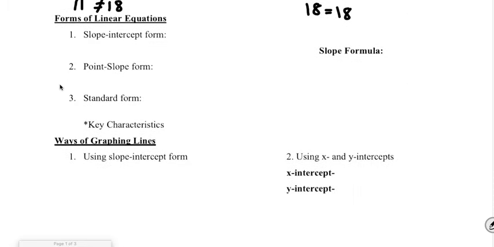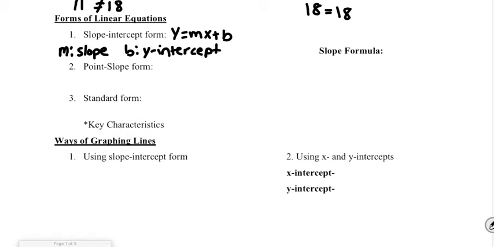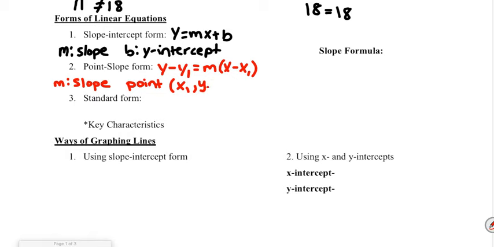First one is slope-intercept form. y equals mx plus b, where m is your slope and b is your y-intercept. Point slope form, y minus y sub 1 equals m times x minus x sub 1. m is still your slope, but now we have a point, and that point is x sub 1, y sub 1.